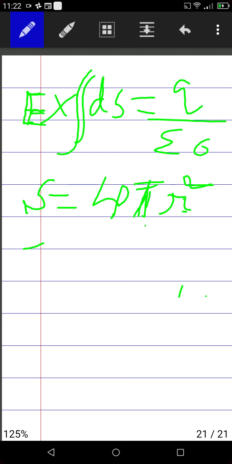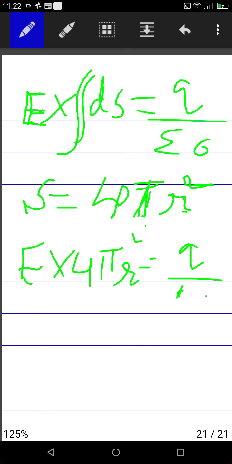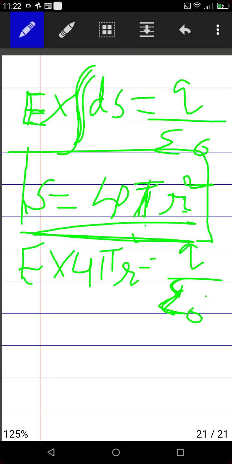So directly we can write, in place of the integral of ds, 4 pi r square. ds means a small surface area. When we integrate the small surface area, we get the whole surface area. So we are considering the whole surface area of that small circle.